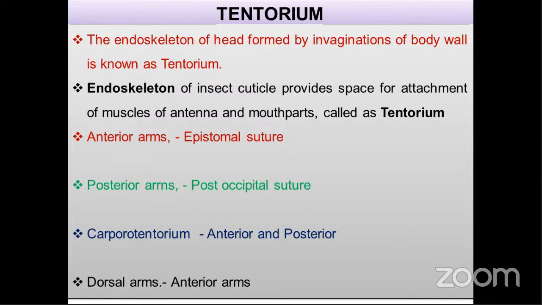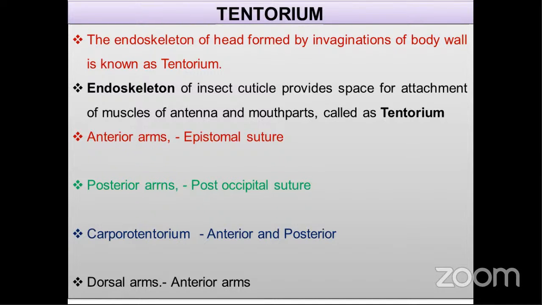Tentorium consists of 4 parts: anterior arm, posterior arm, carpotentorium, and the fourth one, dorsal arms. The anterior arms arise from the epistomal suture.